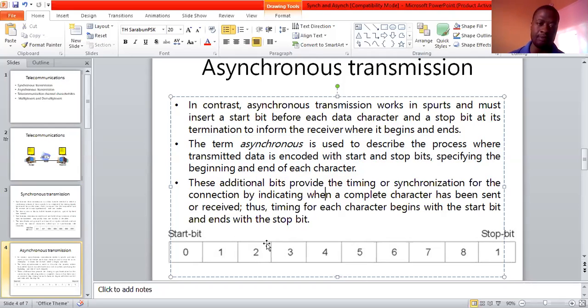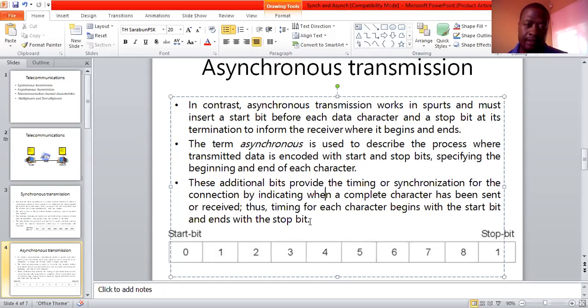When it's done and received, a bit is also transmitted from the destination receiver back to the transmitter, just to alert the transmitter that a character or sample has been received.